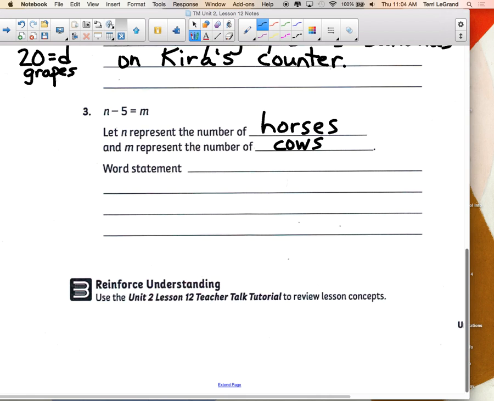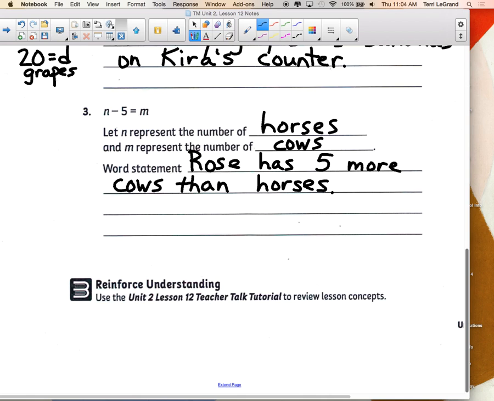You can do it in the next 10 seconds? Rose has 5 more cows than horses. Okay, let's try it.